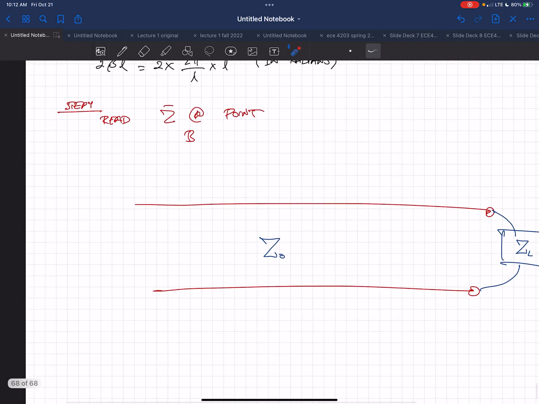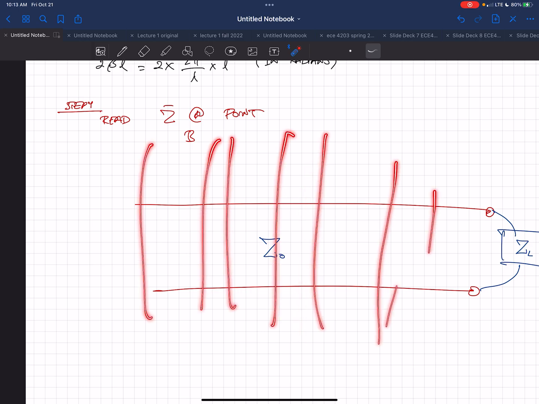If I'm going to use this transmission line at this wavelength to get something that doesn't look inductive and doesn't look capacitive, where do I tap into this transmission line to get that?